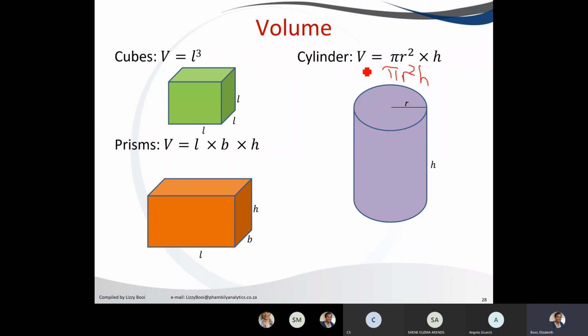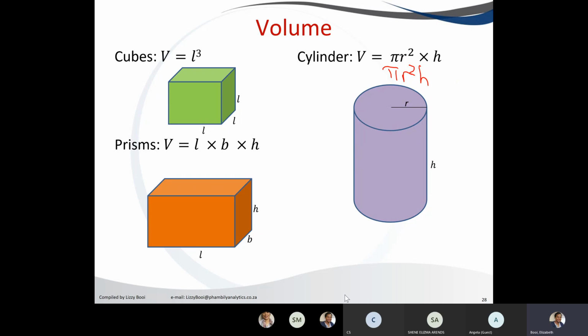It is one and the same thing. So we'll calculate the area of this circle and we multiply it by the height. Remember, this will be meters squared times the height, which will take us to cubic meters if it's in meters.